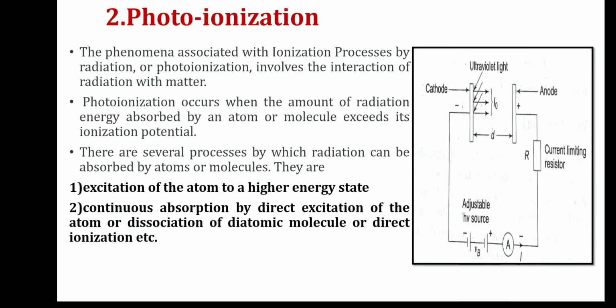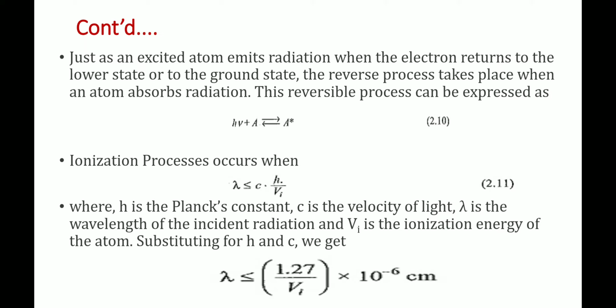Okay. Next we will move on to here. Suppose an excited atom. Excited atom means it has already reached its higher energy level. Once it reaches its higher energy level, it has absorbed the light energy completely and becomes an energized charged particle.